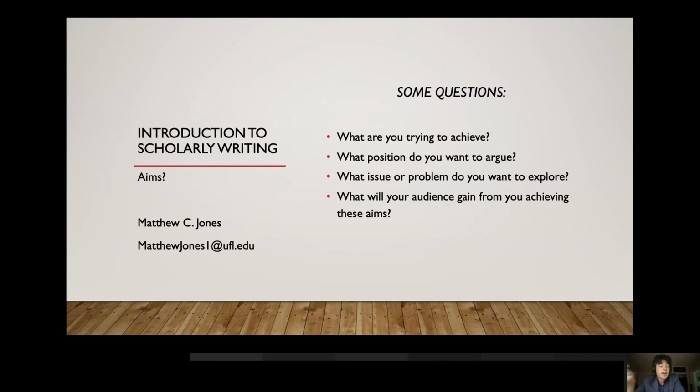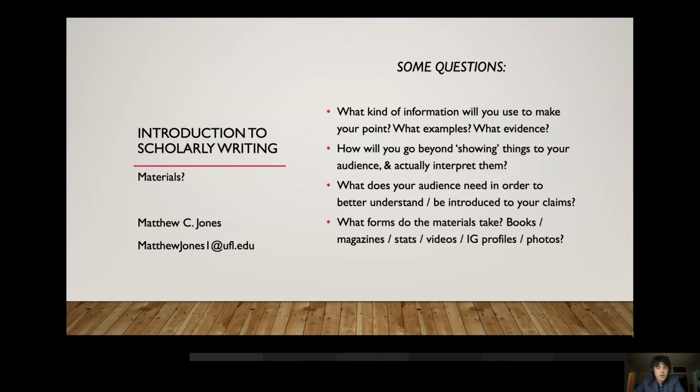And that is how we solve the problems. If it was not that, then we could just talk to ourselves in the mirror, right? But we're actually trying to look outward and inform our audience, who then will go and inform other audiences. And so materials. So we have our aims, we have what we're trying to achieve, and now we have our materials.